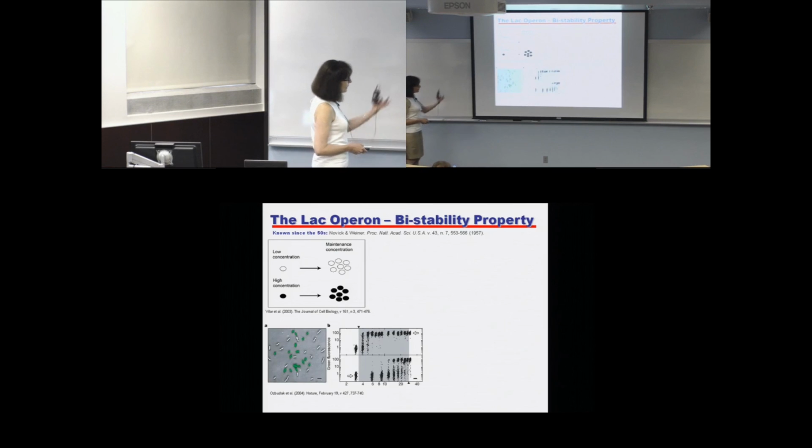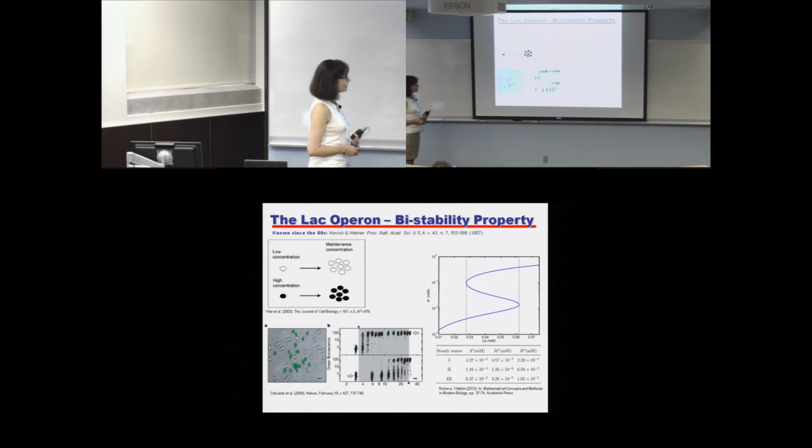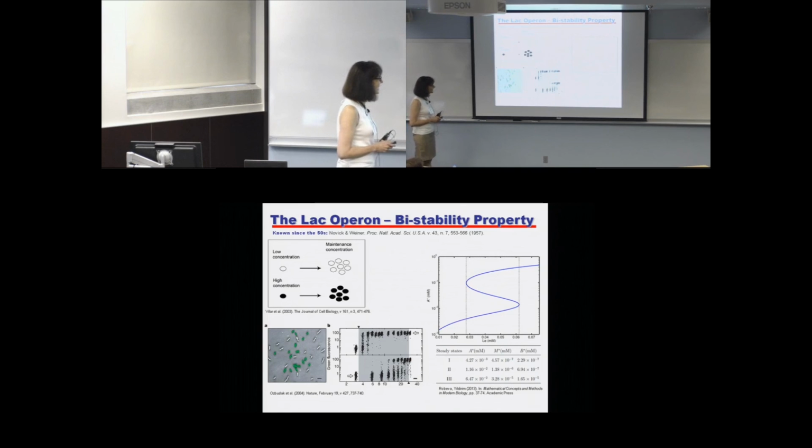And so we are going to talk about the lac operon and its bistability property, and bistability in the continuous case looks like this. So we have those types of graphs for the bifurcation diagrams and things like that. But is it something that we can really capture using Boolean models?